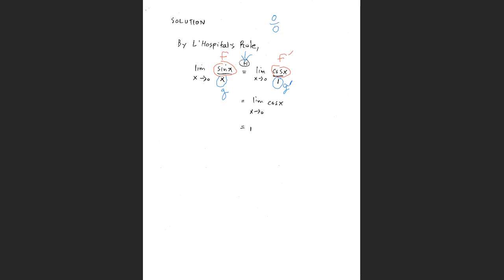The derivative of sine is cosine, the derivative of x is 1. And so now you have the limit as x approaches 0 of the cosine of x. There's nothing strange about that. That's a continuous function. All we need to do is put in 0 for x, and we get 1. That's right, Sandia.